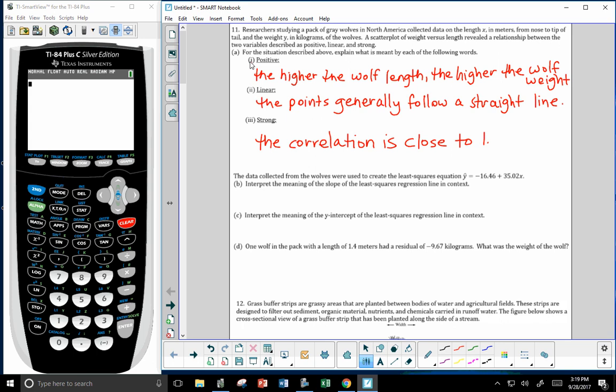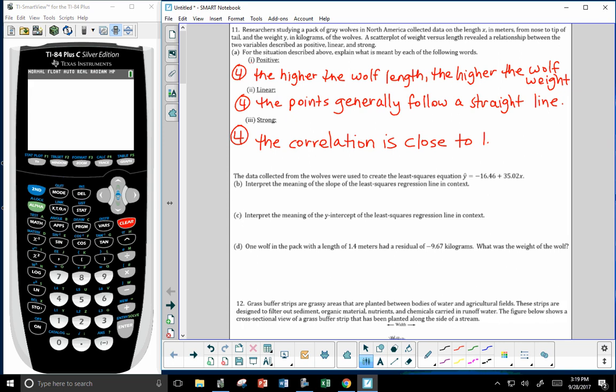So grading these, all of these were 4 points apiece. Each one individually, okay? And then part B, it says the data collected from the wolves were used to create the least square regression equation y hat equals -16.46 plus 35.02x. Interpret the meaning of the slope of the least square regression line in context. So you had to give the value of it and you had to interpret it correctly.